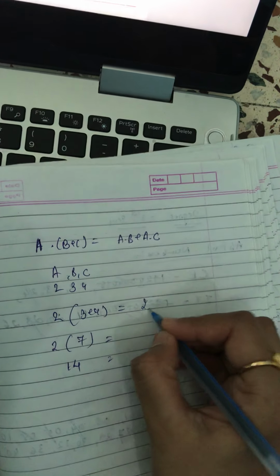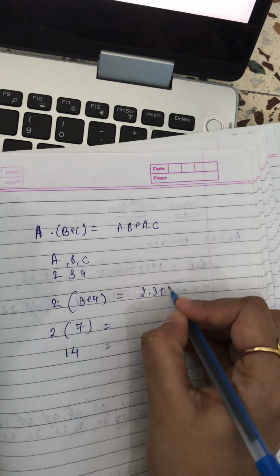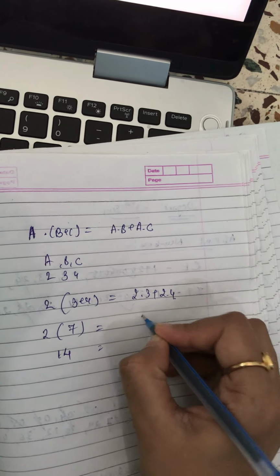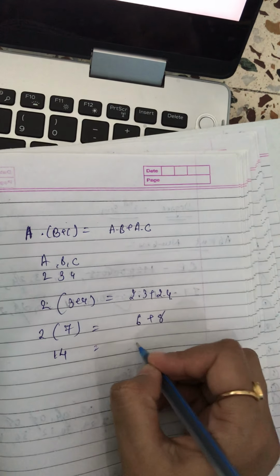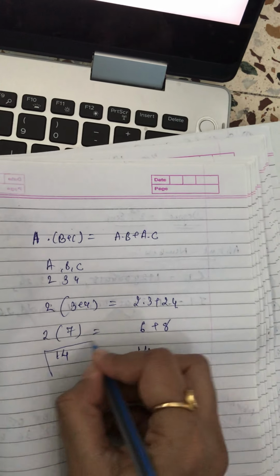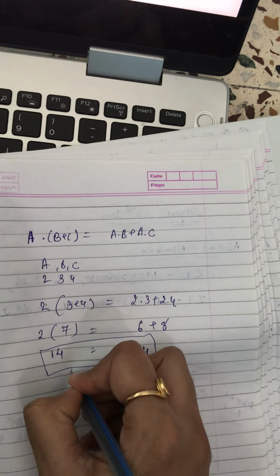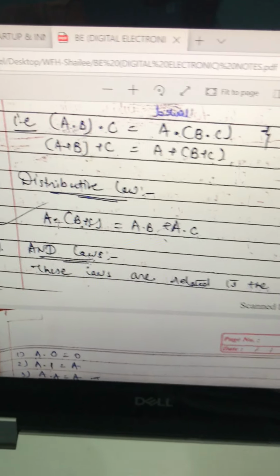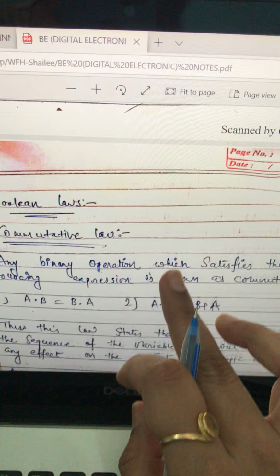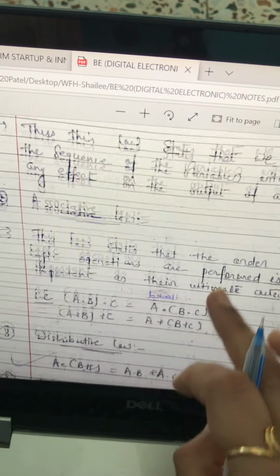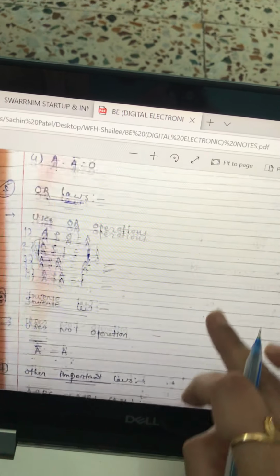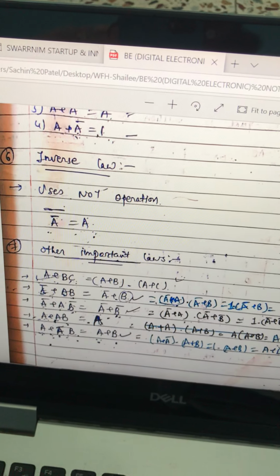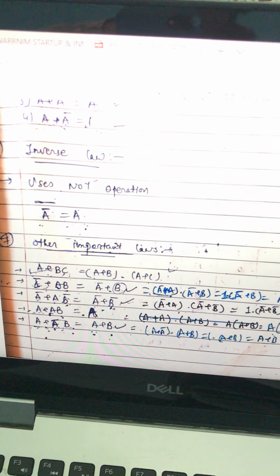Now 2 into 3 plus 2 into 4, that is 6 plus 8, so it will become 14. So this is the correct answer. This is how the distributive law works. These are the basic parameters for Boolean algebra and the basic Boolean algebraic laws. There are still four other laws remaining, which I will teach you in the next lecture. Thank you.